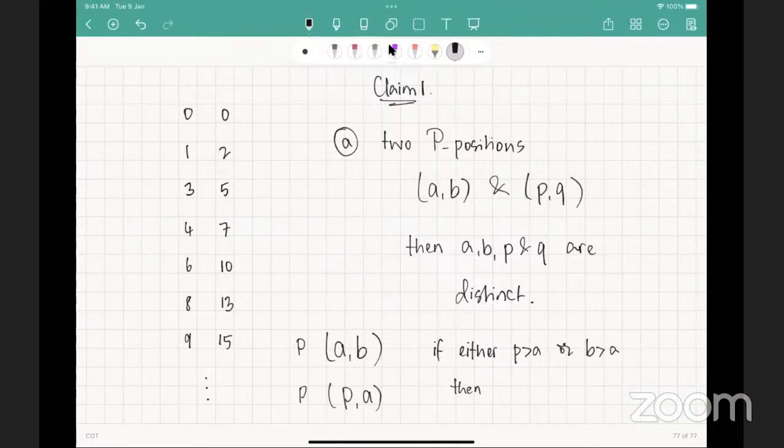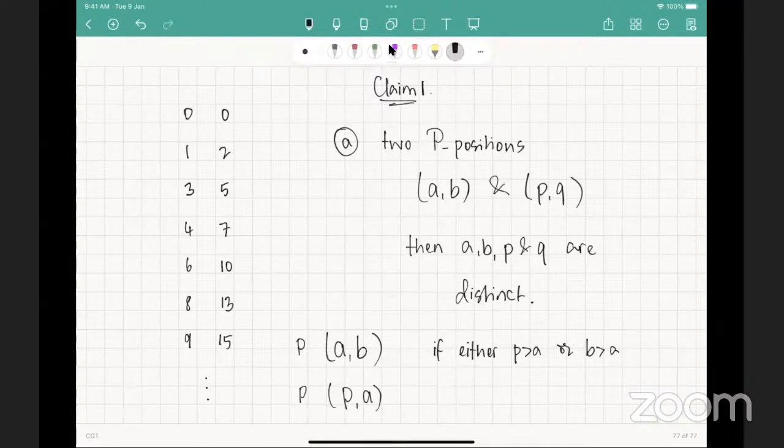Then in fact, in these cases, I was trying to move to AA, but that's an N position, so that's not what I want to say. I want to say that you can actually move from AB to PA, right?